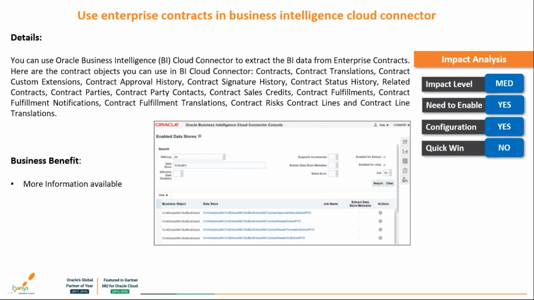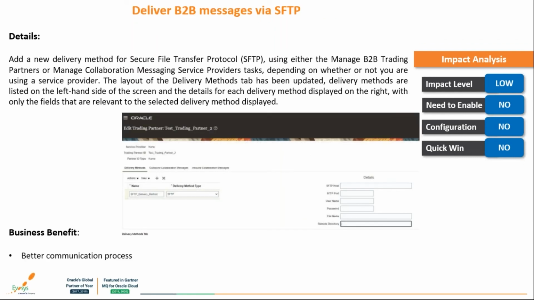The next feature is deliver B2B message via SFTP. Depending on whether you are utilizing a service provider, you may add a new delivery method for secure file transfer protocol using either the manage B2B trading partners or manage collaboration messaging service provider task.